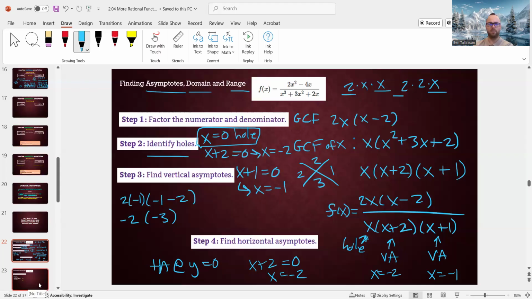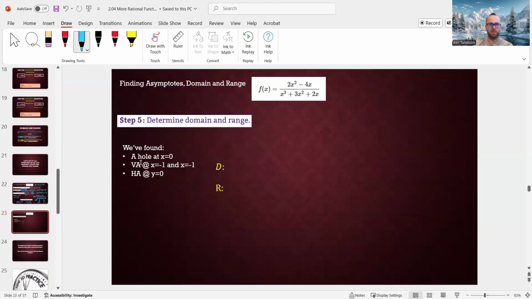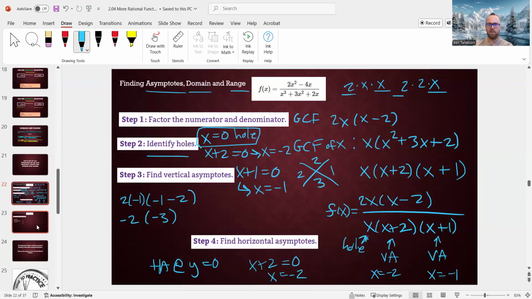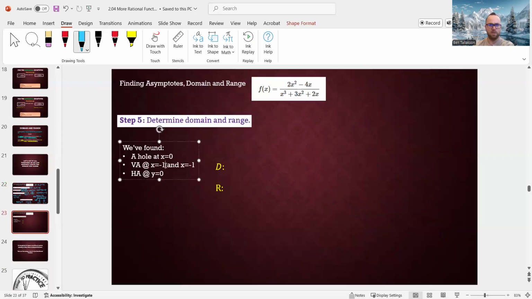So let's put it all together. We have a hole at x equals 0. We have our vertical asymptotes there. I think one of those values is off, right? Yeah, negative 2 and negative 1. And then horizontal asymptote at y equals 0.